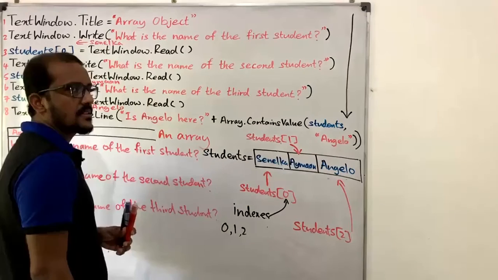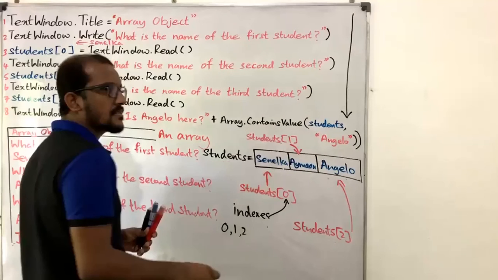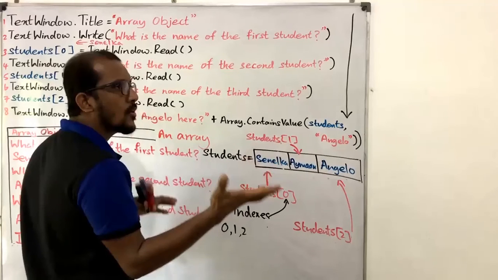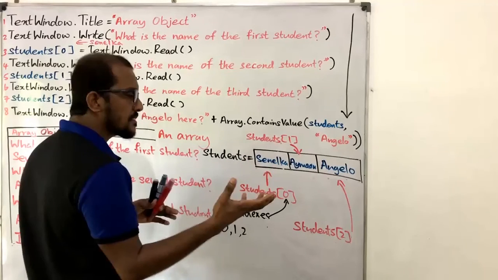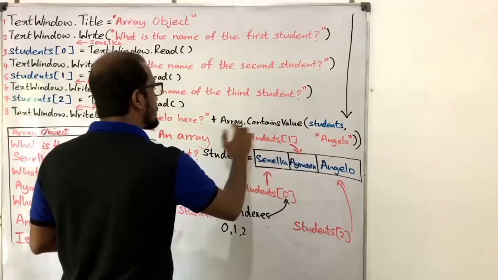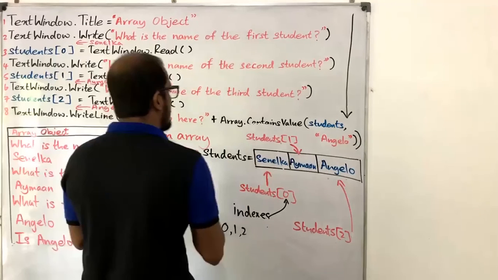Then the result is yes or no. Do you have the value Angelo? No. Yes. Likewise. So the result from this section is a yes/no type.